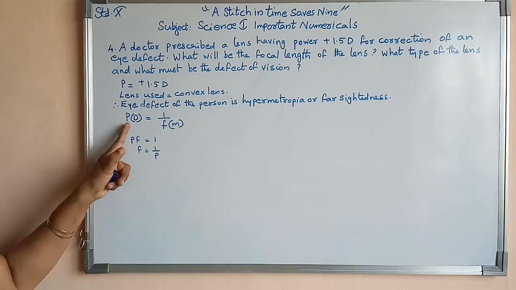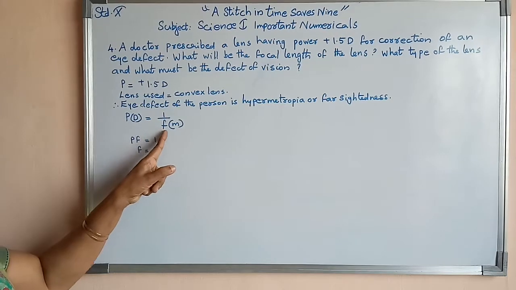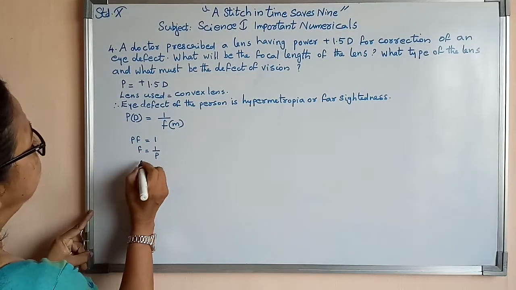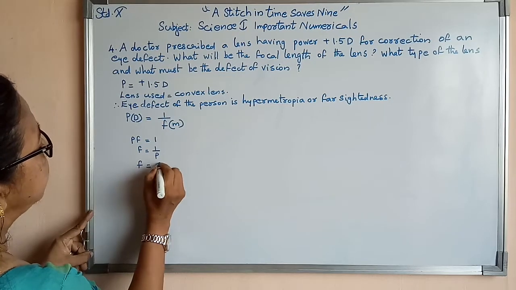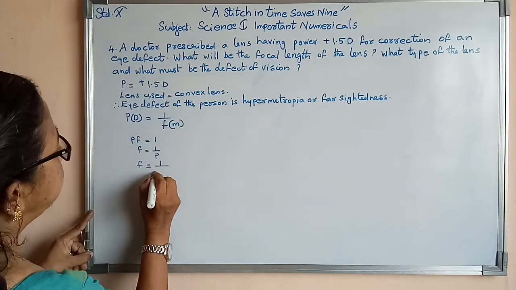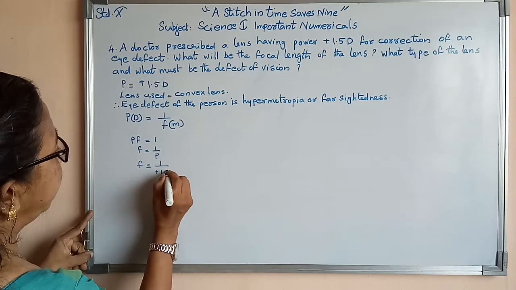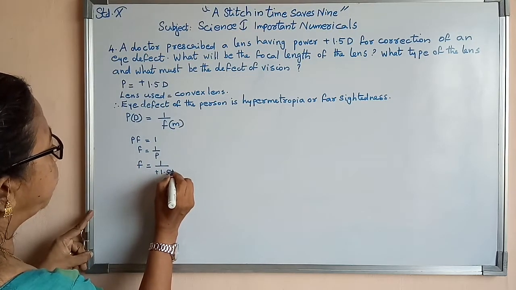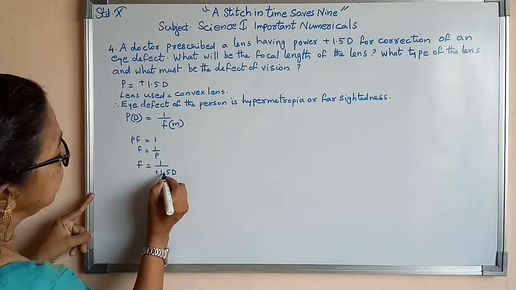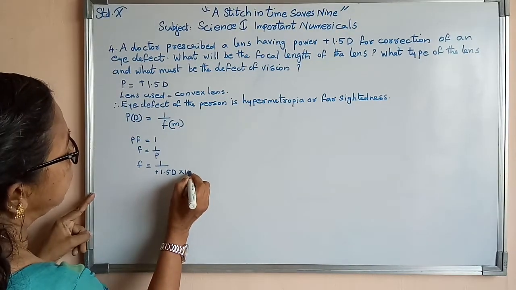Now here P is in diopter, F in meter. Now F you have to find out. F is equal to 1 upon the power given, that is positive 1.5 diopter. Now we have to remove this decimal by multiplying with 10.